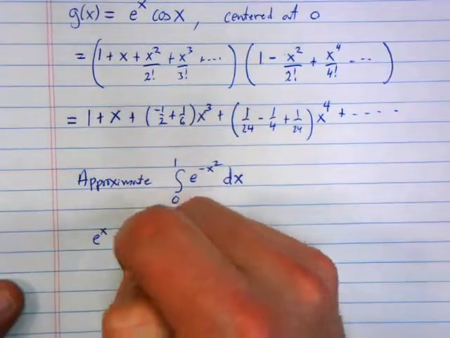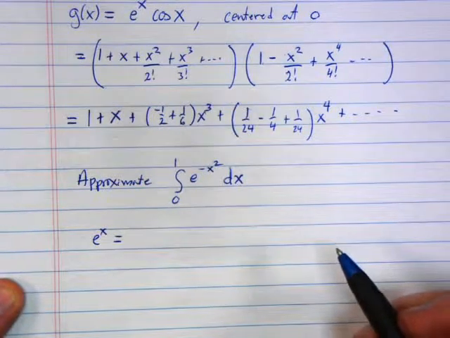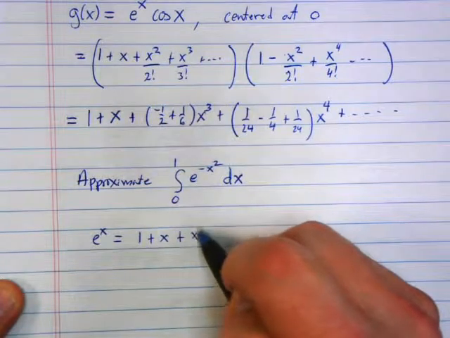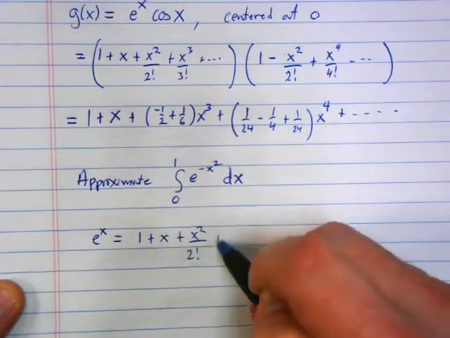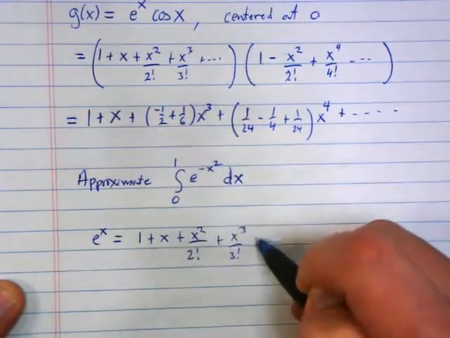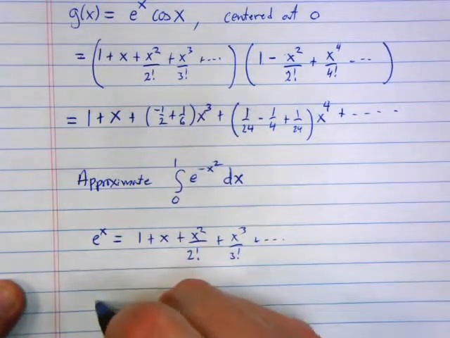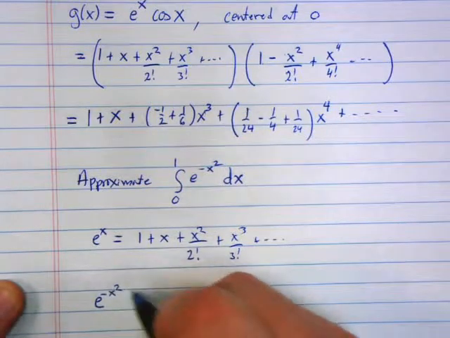What's the power series for e to the x again? 1 plus x squared over 2 factorial plus x cubed over 3 factorial, and it goes on and on forever. So what's the power series for e to the negative x squared?